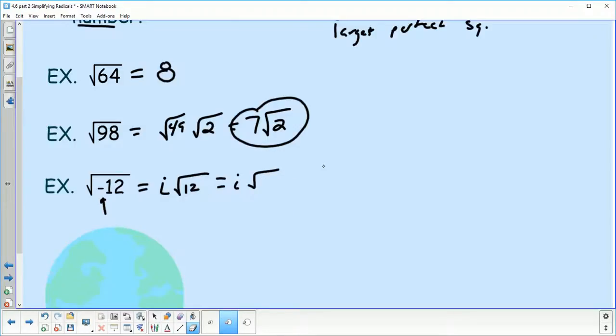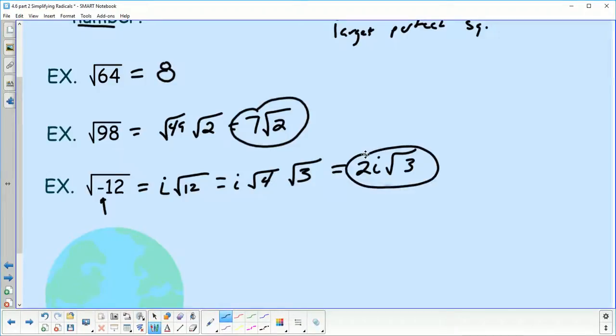In fact, I need to choose my values intelligently, so 1 is a perfect square. In this case, I need to do 4 and 3 because 4 is a perfect square, so I can rewrite that as 2 times i, so 4 became 2, we kept the i, and then we're going to rewrite it as the square root of 3. So that would be the simplification of the square root of negative 12.